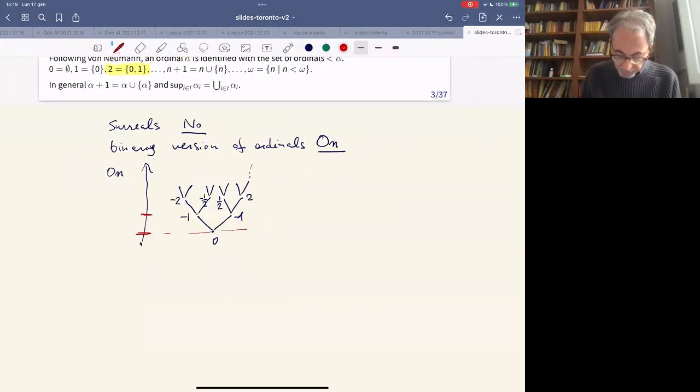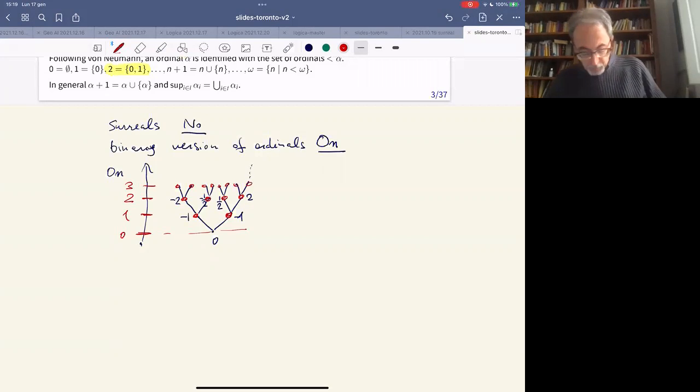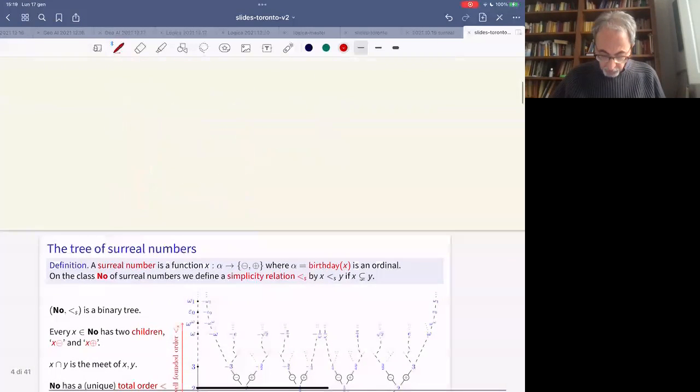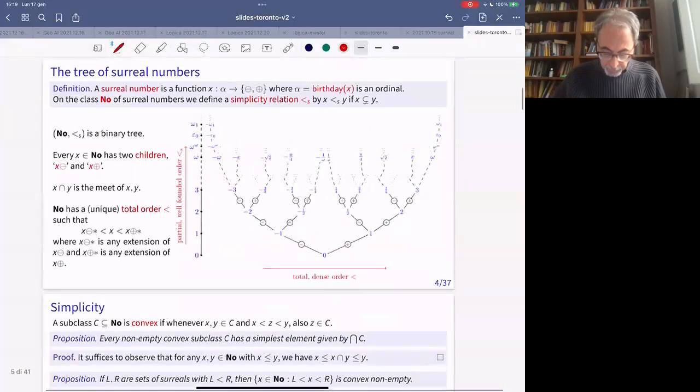Then at day 1, you have these two new numbers. Then at day 2, at stage 2, you have 4 surreal numbers, and so on. So the picture is the following.